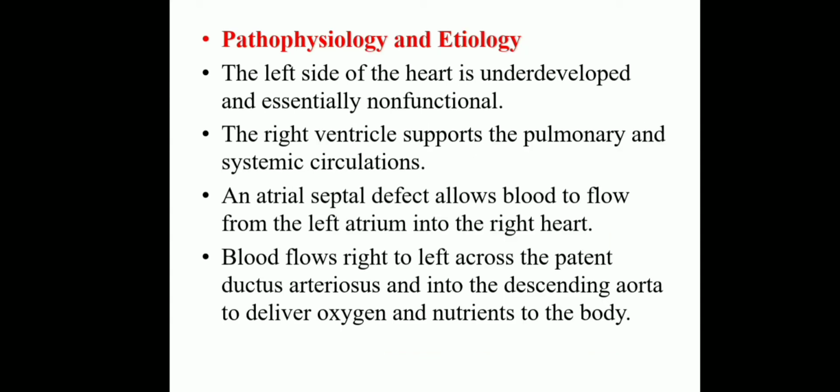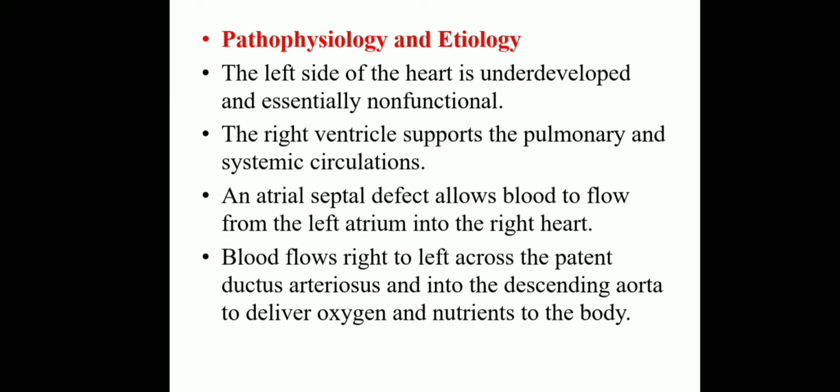Coming to the pathophysiology and etiology, the left side of the heart is underdeveloped and essentially non-functional. The right ventricle supports the pulmonary artery and the systemic circulation, so that side is going on normally.